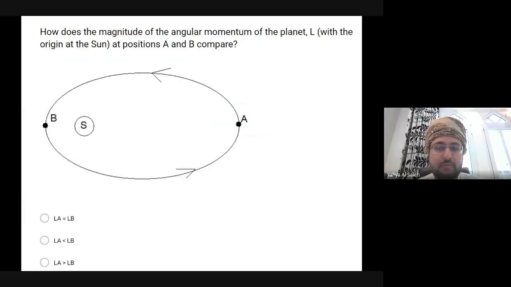Okay. Let's do something. So we agreed that in a solar system or the planet, it has no torque. But what about angular momentum?